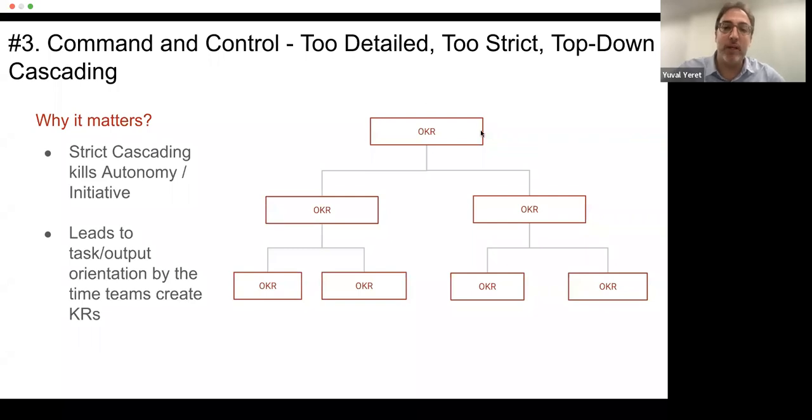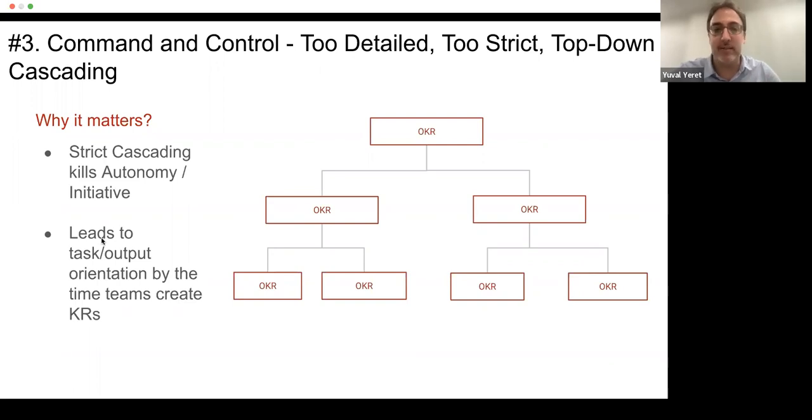Meaning we set an OKR at the organizational level, and we tell the different departments and functions what their piece of the OKR needs to be. When we have that strict connection between the OKRs at the different levels, that typically leads to task or output orientation by the time the teams create their OKRs or are given their OKRs, which is even worse.